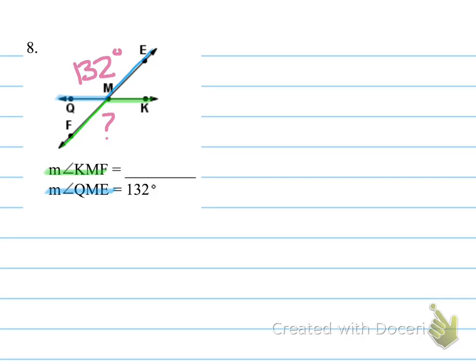Now, if we look at the two angles that we filled in, they make an X shape. And again, you have to base this off of the angles that are labeled. This angle and this angle are not labeled with anything, so we don't pay attention to them. On our lined paper, this is number 8. These angles form an X shape, so the ones that we have labeled are vertical angles.